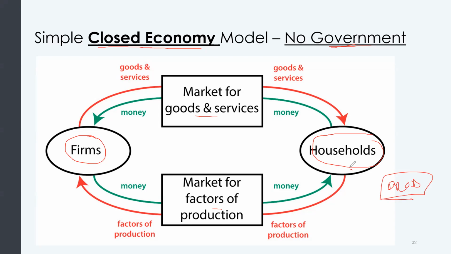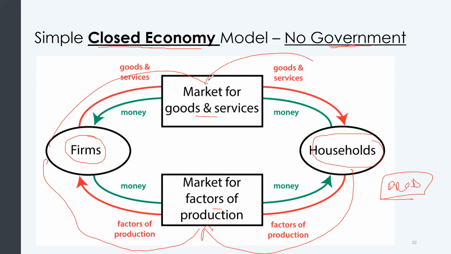So the households provide the what? The factors of production to the factor market. And the factor market then goes to the firms, and the firms produce goods and services and provide them to the market for goods and services. And these goods and services then go to the households.